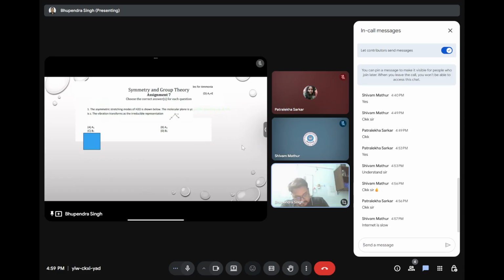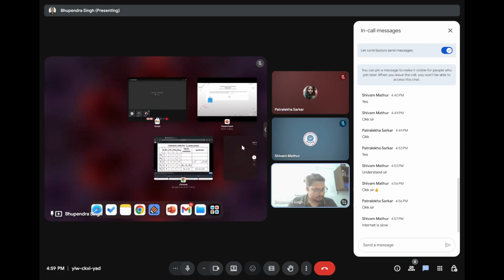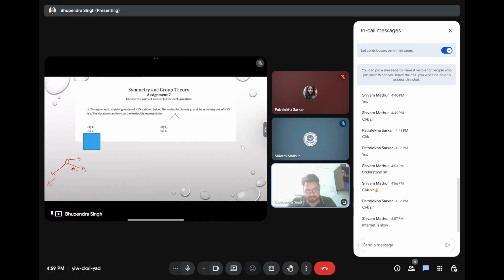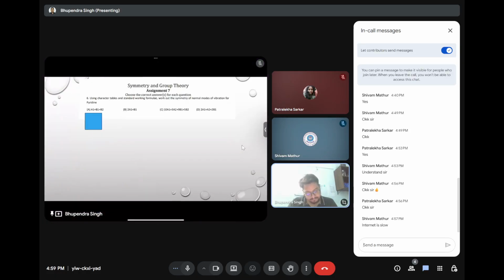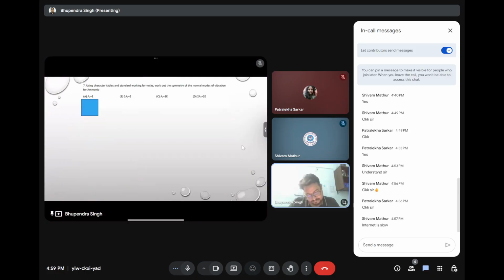So let's draw first. This is H2O. The question is saying it is asymmetrical stretching, this and this going. So let's find out the character table of this.